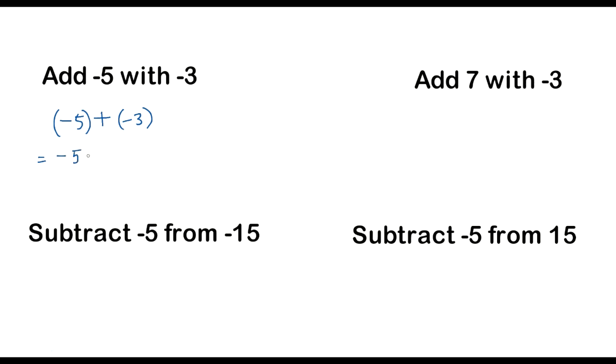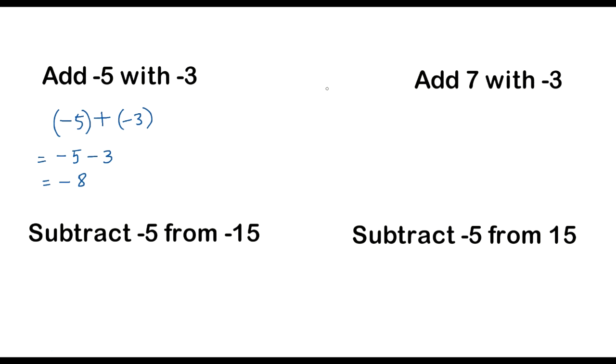Next positive negative, you get negative sign, you have a 3 here. When you are adding or subtracting, when you have both the numbers with same sign, you will add them and you will put the sign there. They are same kind, that's why they will add together. Here you will have negative 8.